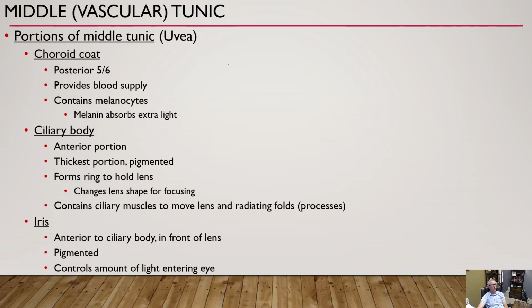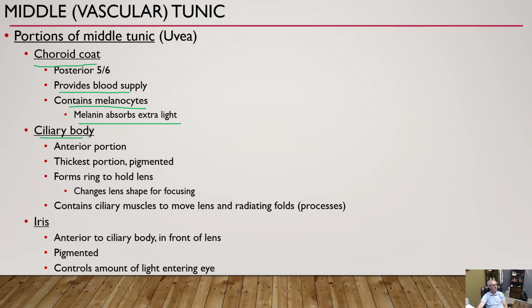The middle portion of your eye is going to have this thing called a choroid coat. Remember that middle portion is very vascular, so it has a lot of blood supply, and a lot of melanocytes, which are going to absorb a lot of light.